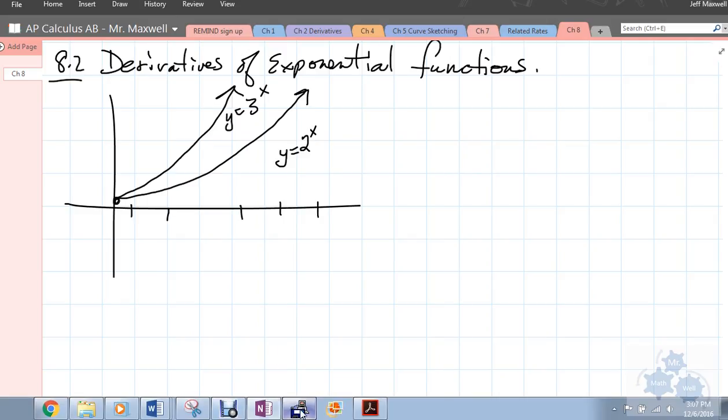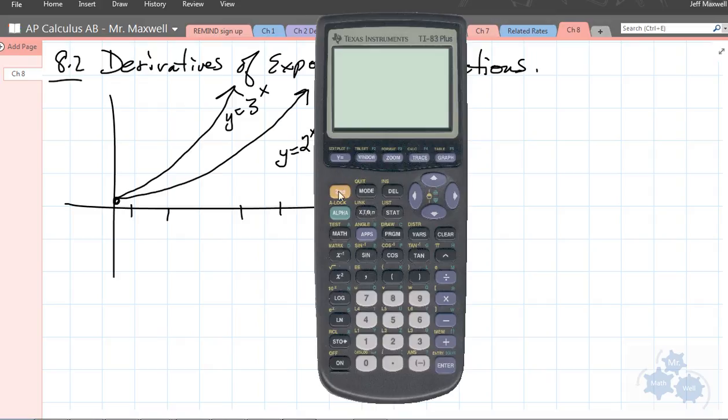Now, let's just make sure, and turn this calculator on here. So I've got y equals 2 to the power of x, and 3 to the power of x. Let's graph those two. So 2 to the power of x is going to get graphed first, and then 3 to the power of x is going to get graphed second, and here it is. So that's a bit steeper, right? Both sort of exponential growth graphs.